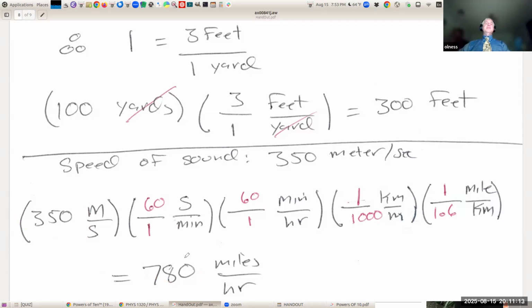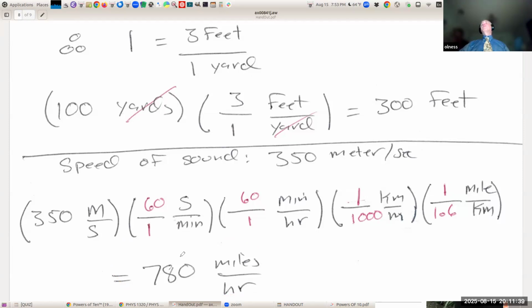I just take 60 miles per hour, I divide by two, and it's about 30 meters per second. Okay, we're off by 10%. It's actually more like 26, but that gives you the ballpark. Okay, and so when we're talking about these things, that gives you an idea. So 700 miles an hour, 780 in this case, that's a little bit faster than a plane flies.